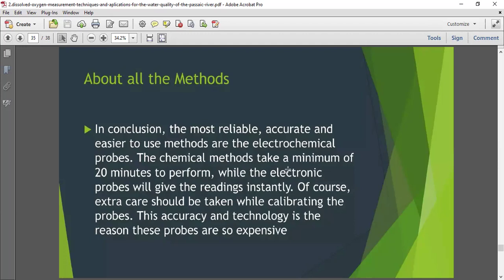Of course, extra care should be taken calibrating the probe. Probes means the electrode. This accuracy and technology is the reason these probes are so expensive.